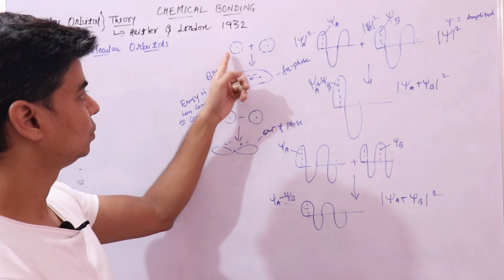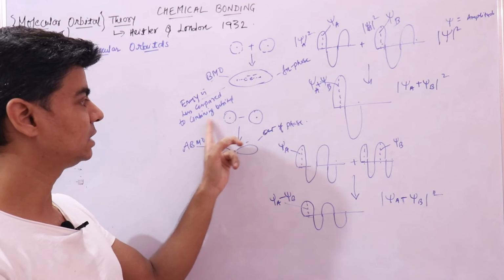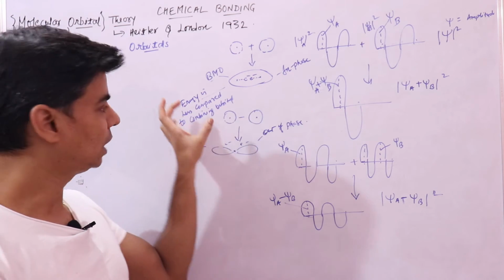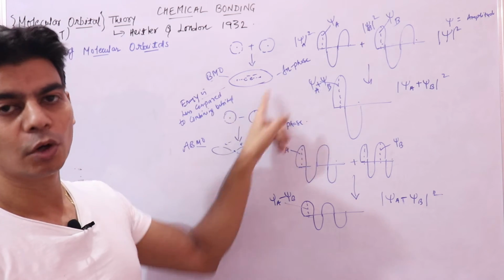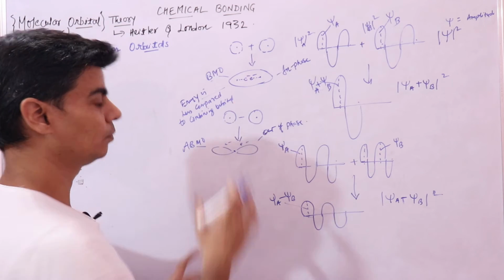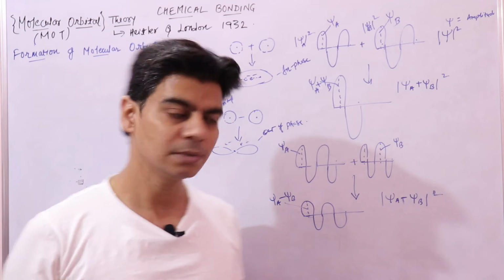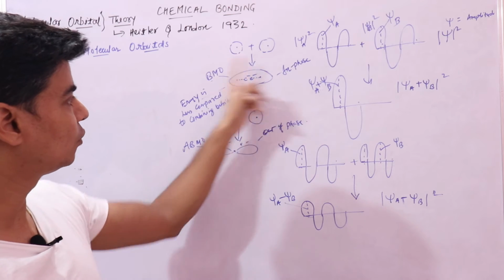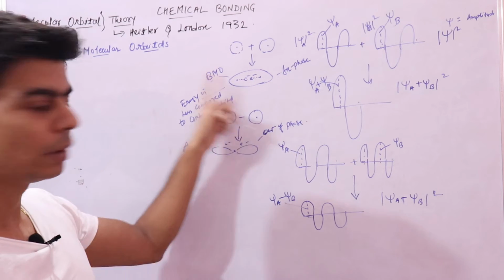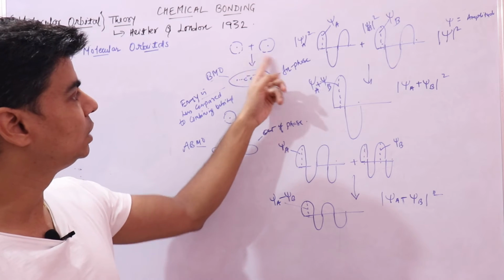So when these two orbitals combine, they form a molecular orbital that has lesser energy. Now this explains why atoms combine to form molecules. Because if a system wants to attain stability, it should lower its energy. So that is why this molecule is stable compared to these atoms.